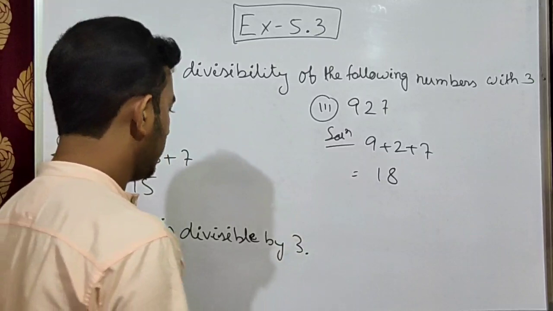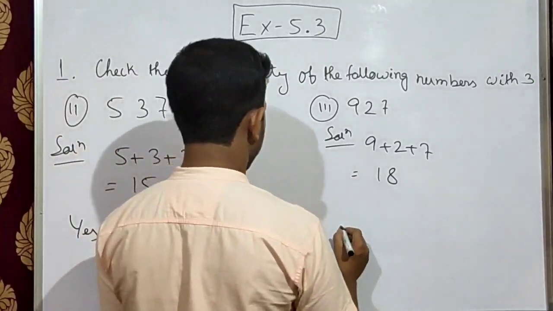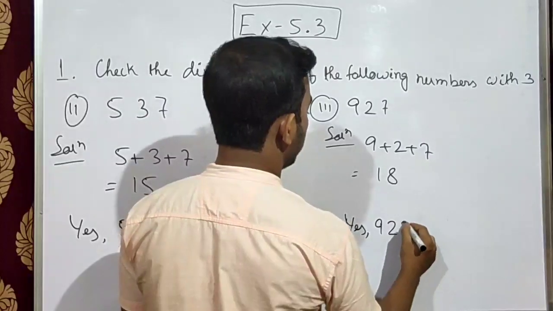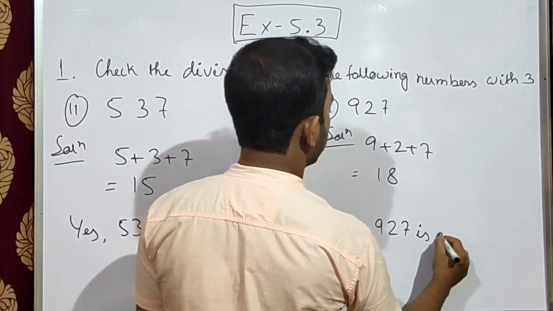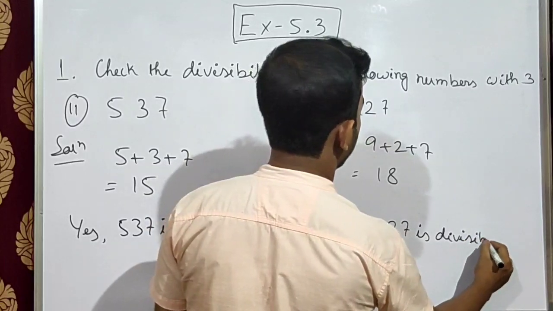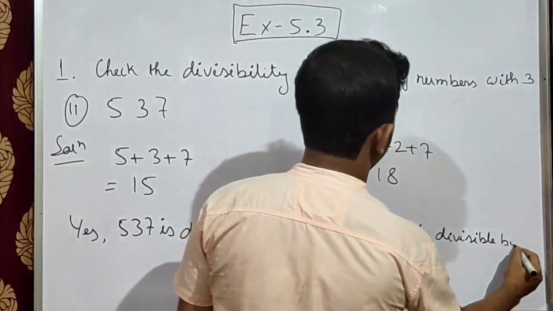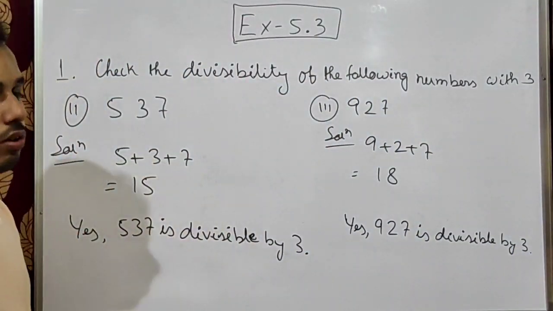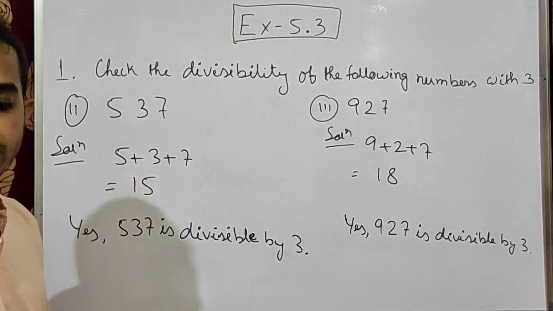Yes, it is divisible by 3, right? So, we write yes, 927 is divisible by 3. Clear? Okay, rest you try in your home.